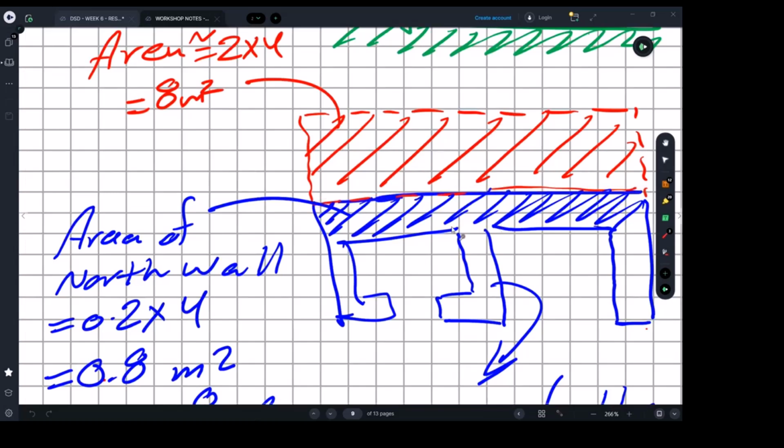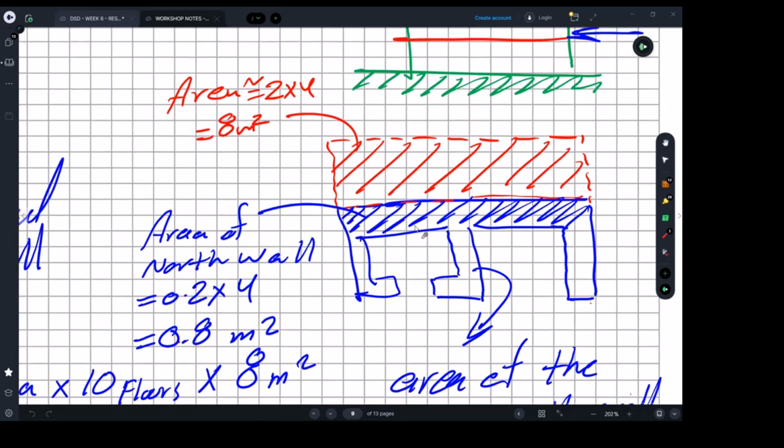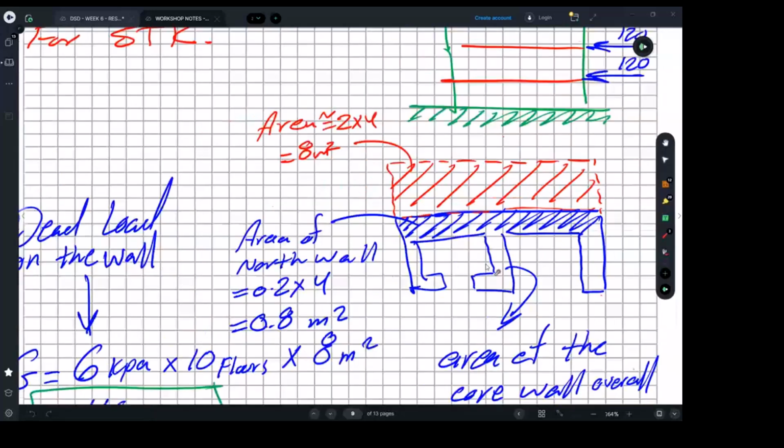Maybe first thing, I will multiply the height. Say the height is about 2.8 or 2.6 or 3. So the height is 3 multiplied by the length, multiplied by the thickness, multiplied by the density of concrete. We said take it as 0.25. And then I'm going to multiply this by 10 times.